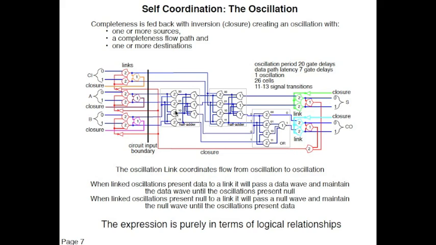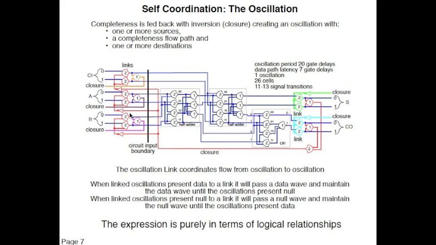So let's start in an all null state again. We have null completeness, and our done signal is null. It goes back and it's inverted from done to data, and the data is presented to this rank of 2 of 2 gates, which we will call an enable rank. Now, when this becomes data, that will allow a data wavefront through the 2 of 2 gates.